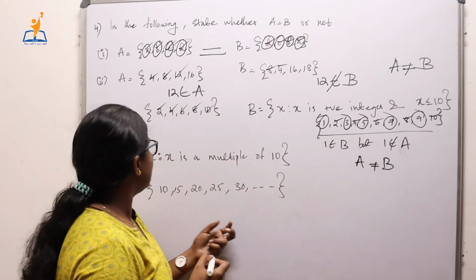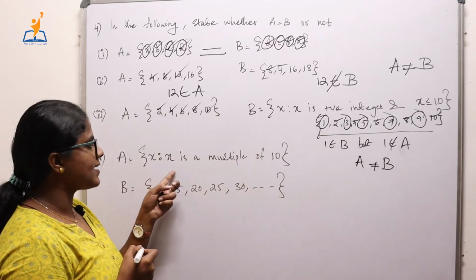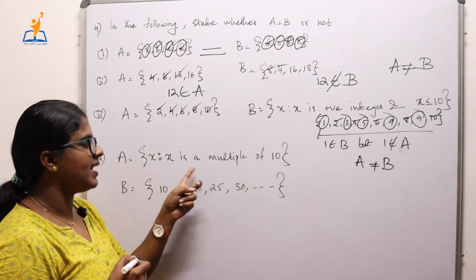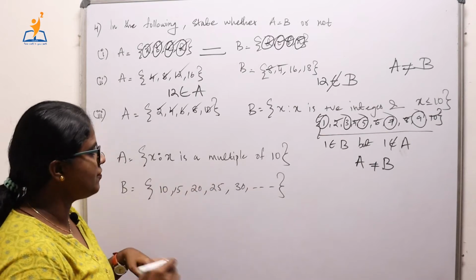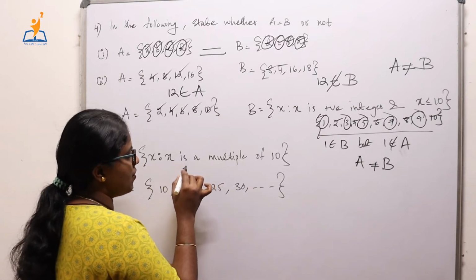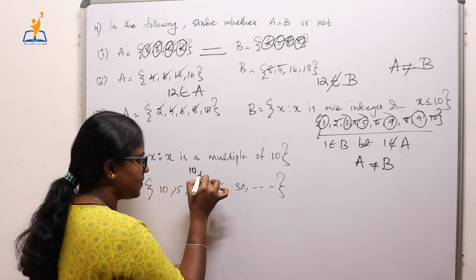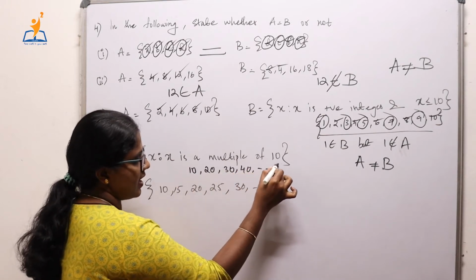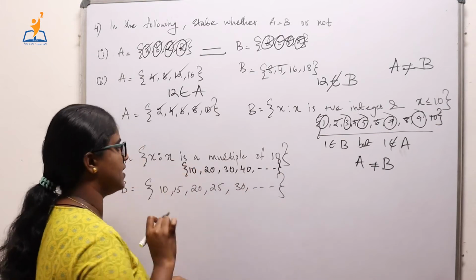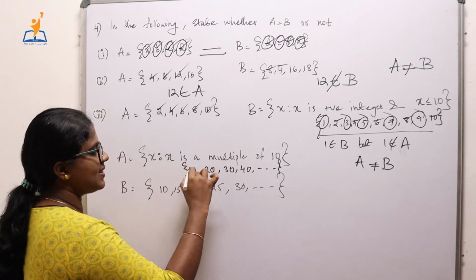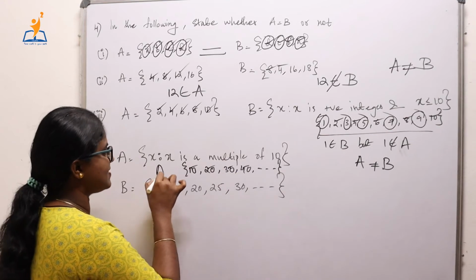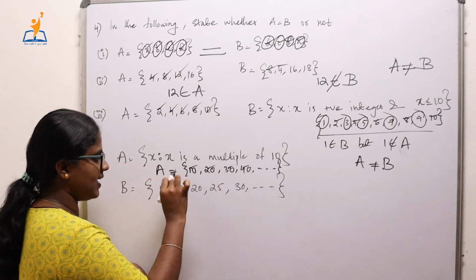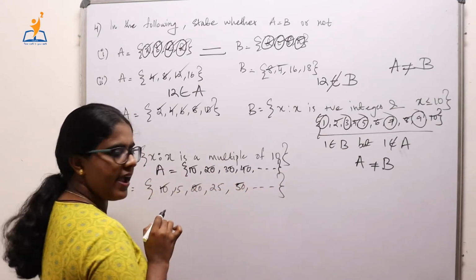Now, the last question: A is the set of all x such that x is a multiple of 10. Which all are the multiples of 10? We have 10, 20, 30, 40, etc. These are the multiples of 10. We can clearly say that all the elements of our set A are in B, that is 10, 20, 30 and so on.